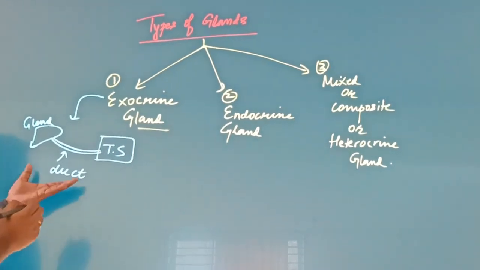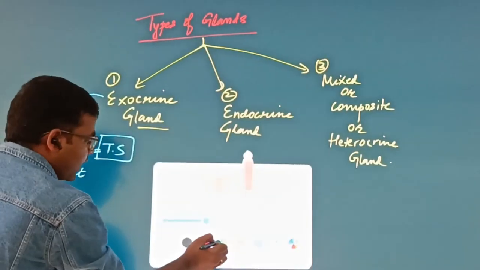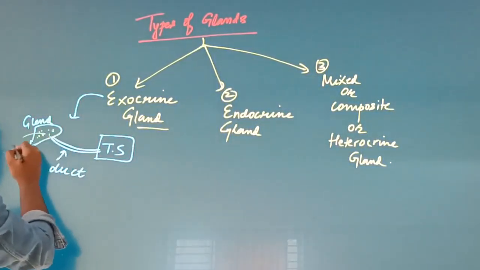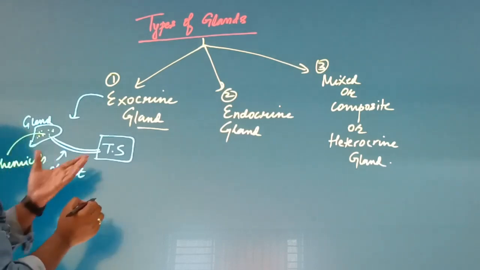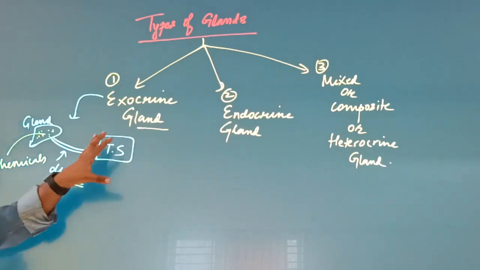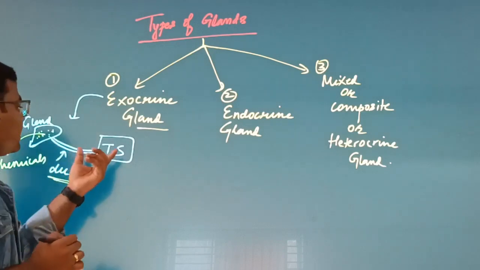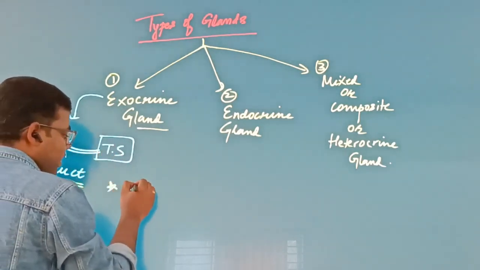So the duct will carry this secretion which is coming from the gland to the target site. So these are those glands which have ducts. And remember, for this exocrine gland, always remember the target site will be very nearby.